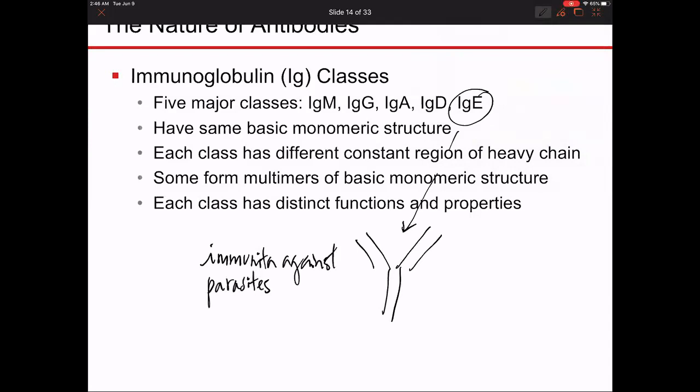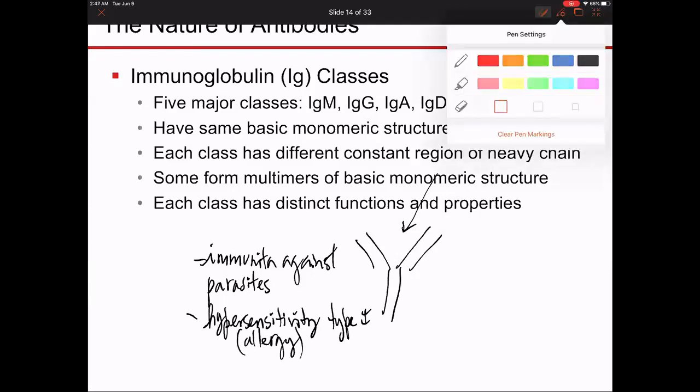That is the main function of IgE. It's also associated to hypersensitivity type 1, that is basically allergy, right? We will talk about that soon in a class. And I think that's what I want you to know right now about the IgE.